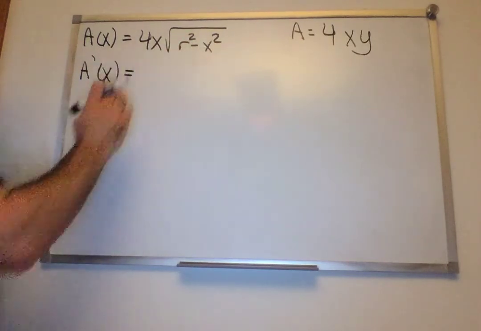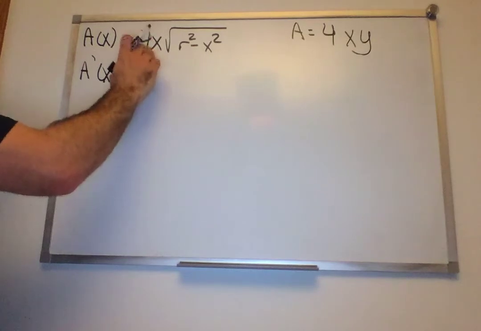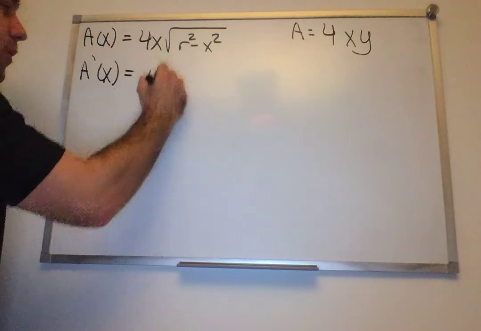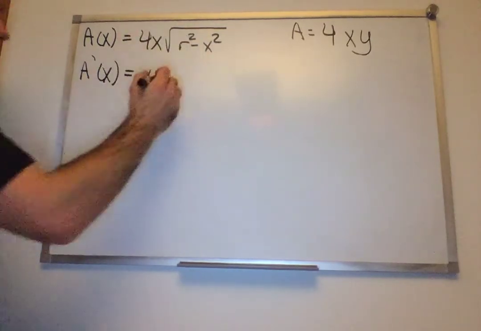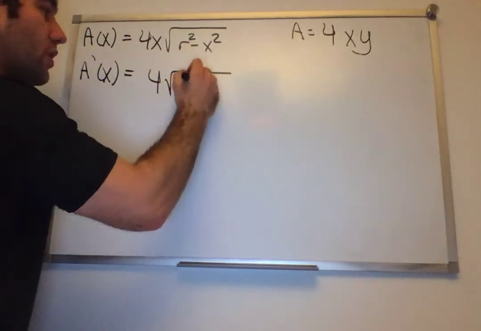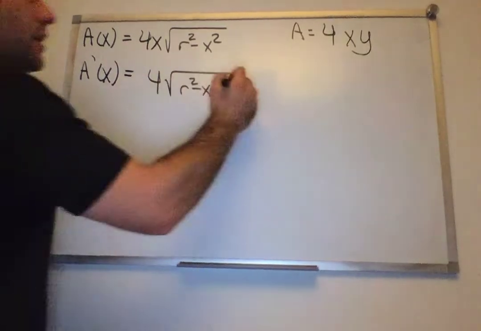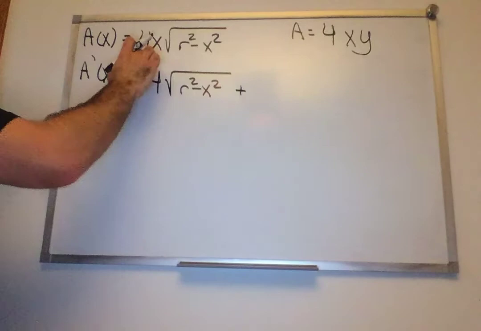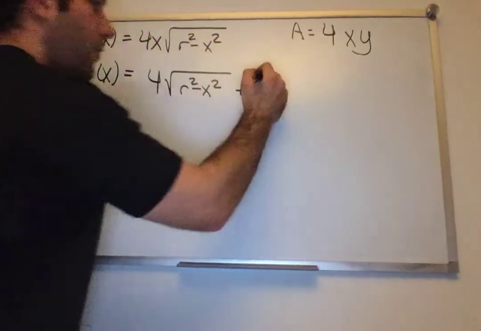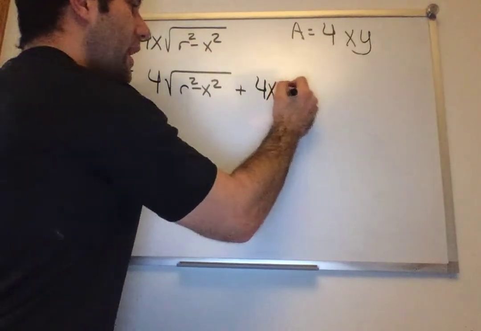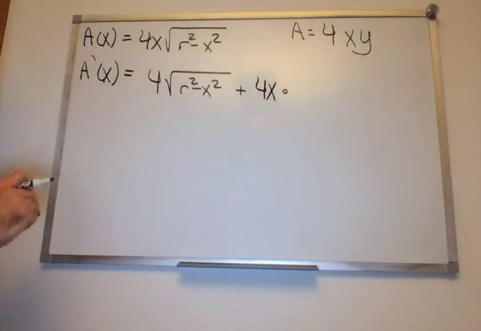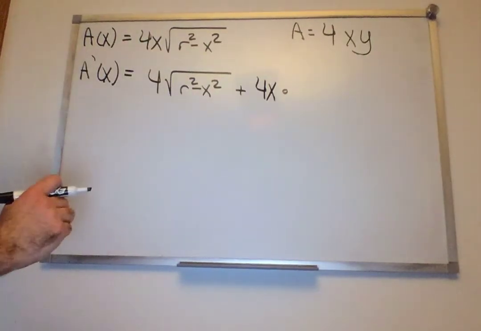So the derivative of the first function, the derivative of 4x, is just 4, times the second function, the square root of r squared minus x squared, plus the first function, 4x, times the derivative of the second function.